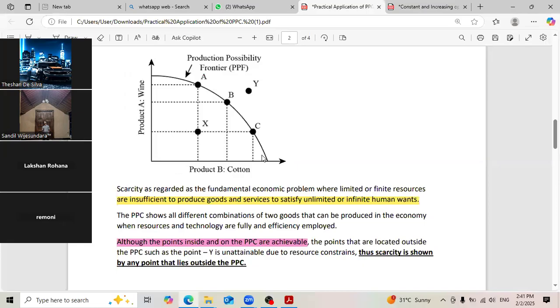The curve should be drawn in the box and not after the box. Remoni, what are you doing? Shall we move to the next part or do you need more time?